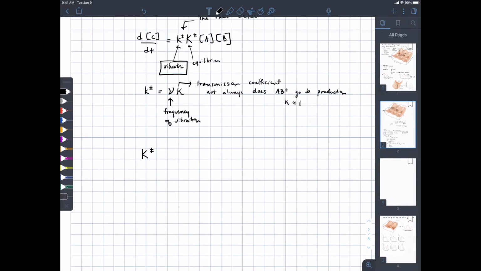equilibrium constant? You've got to use statistical mechanics to deal with this, but we're not going to go into that.